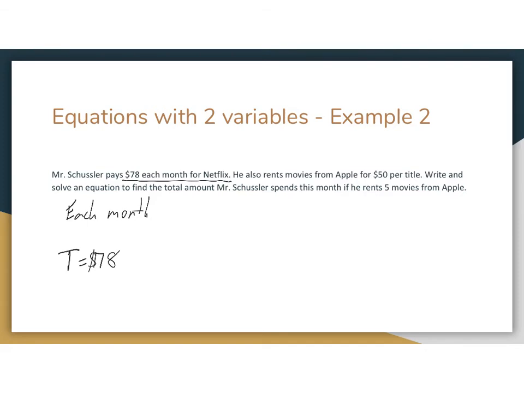But then he also rents from Apple for $50 per title. So on top of that, we have to add $50, but it's not a set amount, it's $50 per title. So we need to add a variable in here. I'm going to use T.